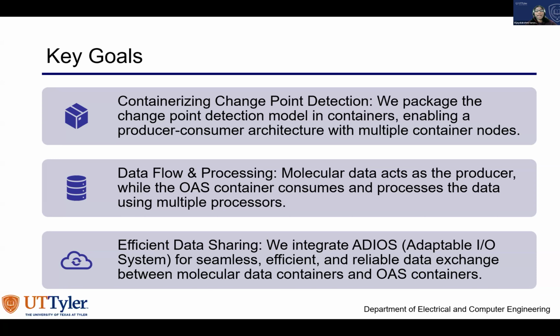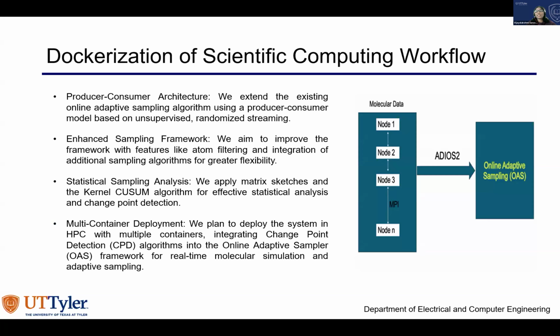So that's the whole idea of this containerized approach. We then integrate with the ADIOS adaptable IO system for seamless and efficient data exchange between the molecular data container and the OAS container. So this is our sampling framework.